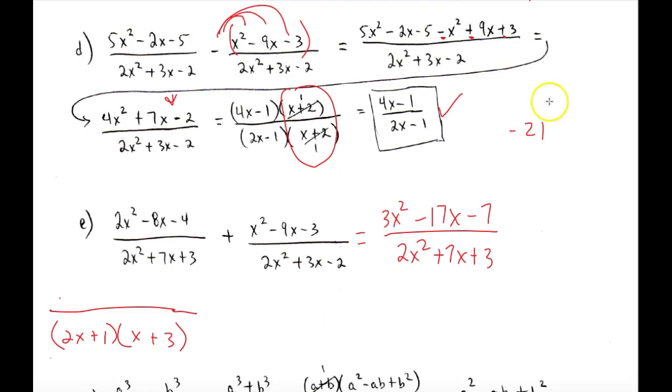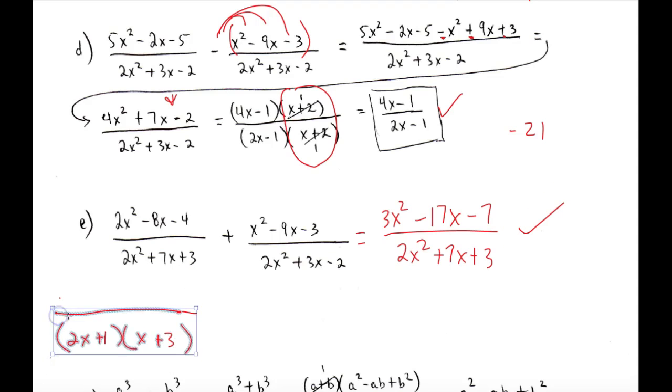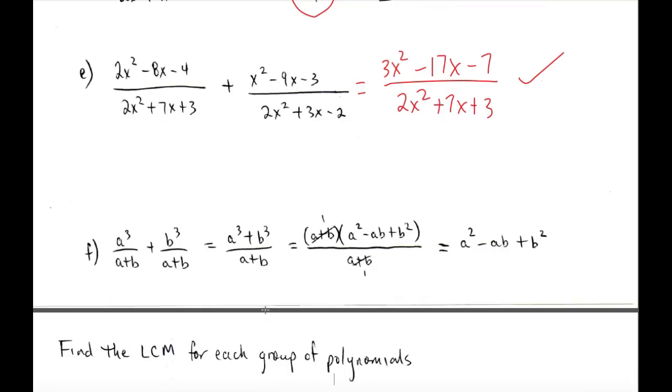So the most that we can really do with it is what we see right here. Not much else that we can possibly do. So we'll just leave it, and our answer will just remain like that.